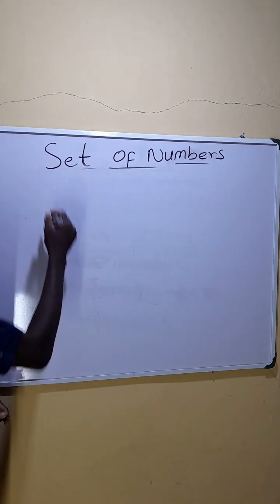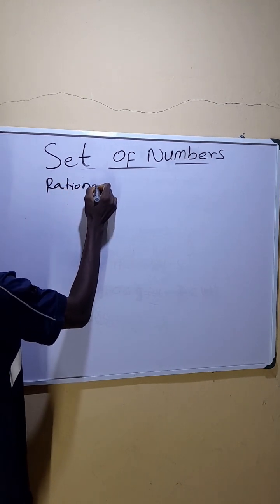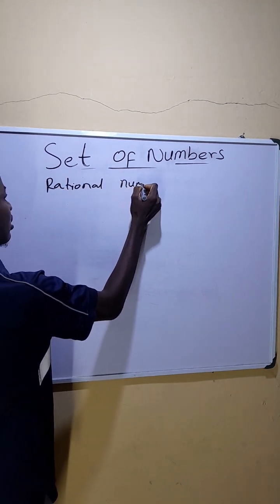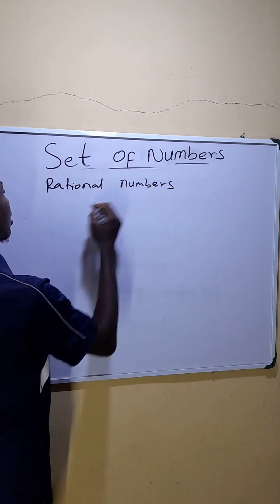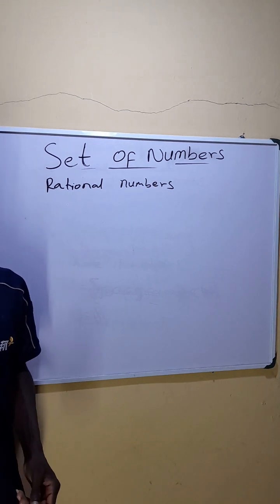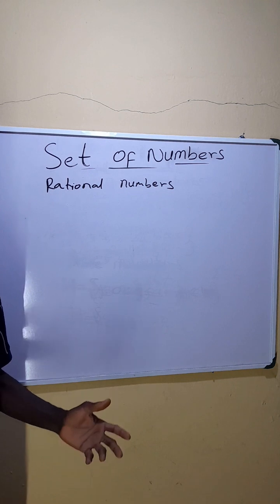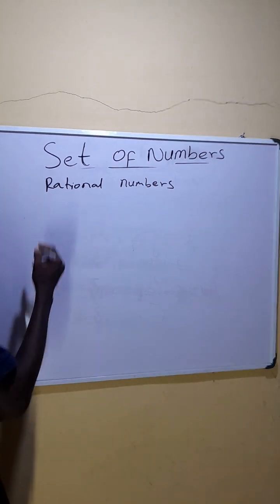The next one is rational numbers. Now, rational numbers is the set of ratio of two integers, or we can say is a set of fractions.